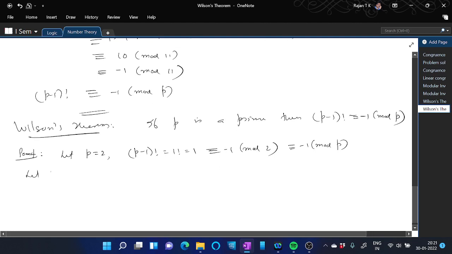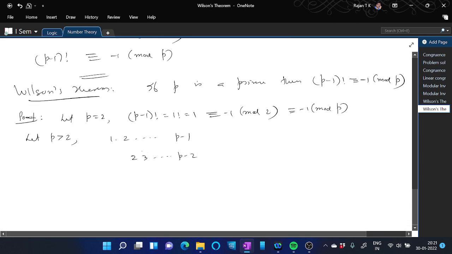Now let p be greater than 2. Since p is greater than 2, the residues modulo p from 1 up to p minus 1 have the property that the numbers 2, 3 up to p minus 2 can be paired in such a way that in each pair the product is congruent to 1 modulo p, because in each pair they are inverses to each other.